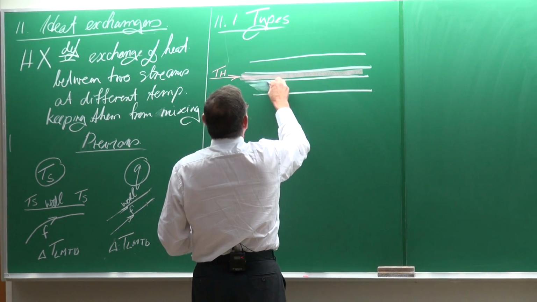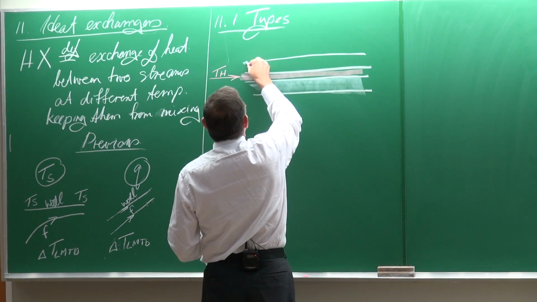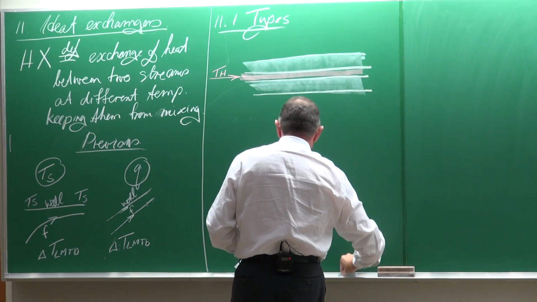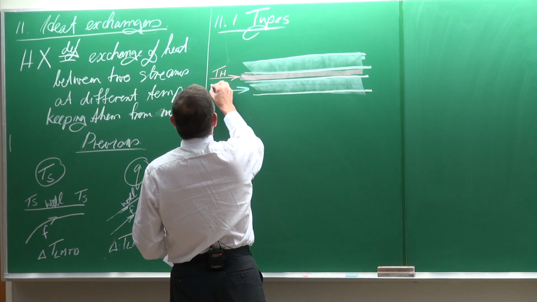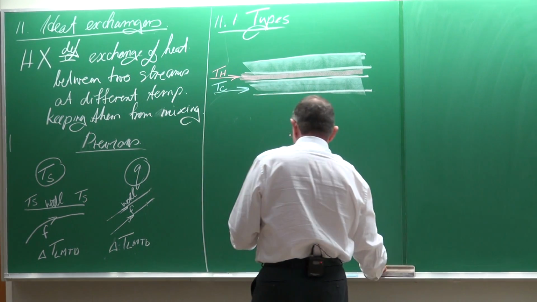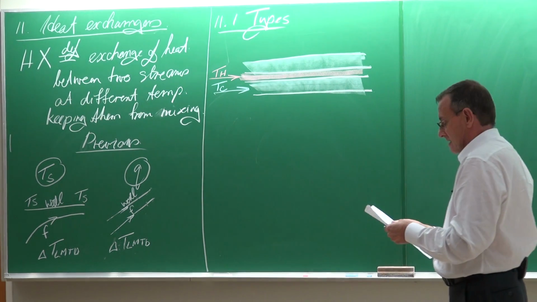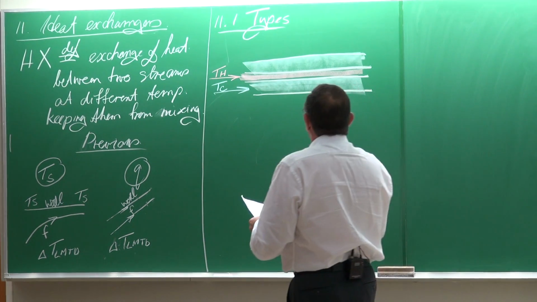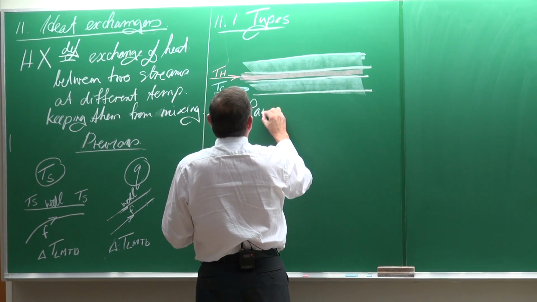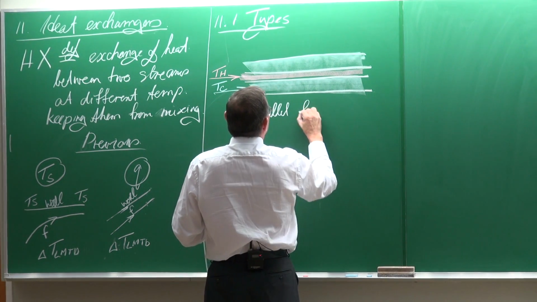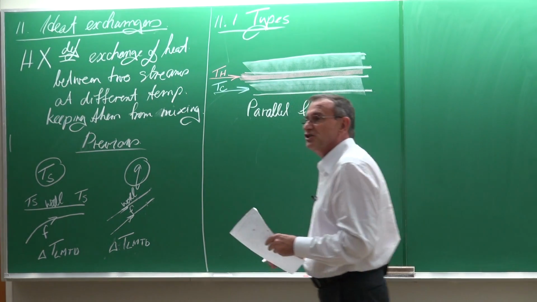And in the annulus, we will get the cold stream. Like that. So that is the temperature of the cold stream. And this is called a parallel flow heat exchanger. Parallel flow heat exchanger.